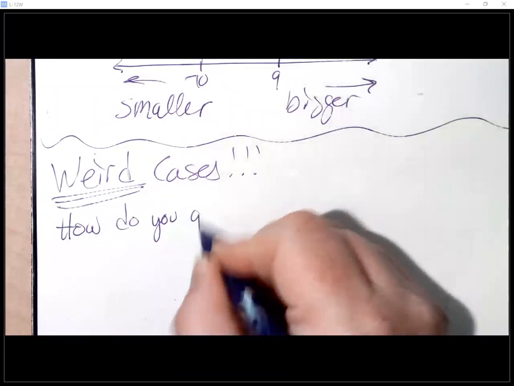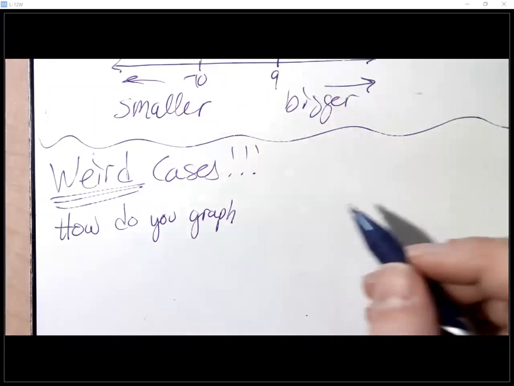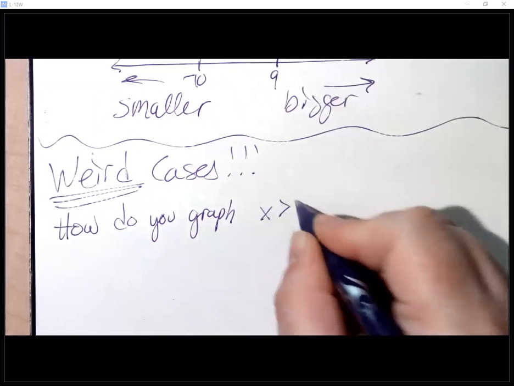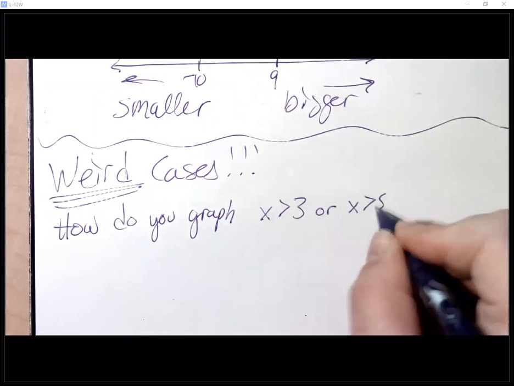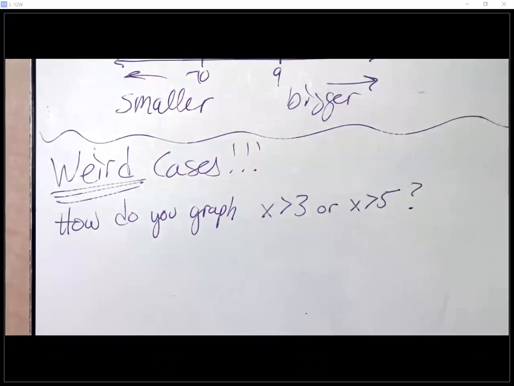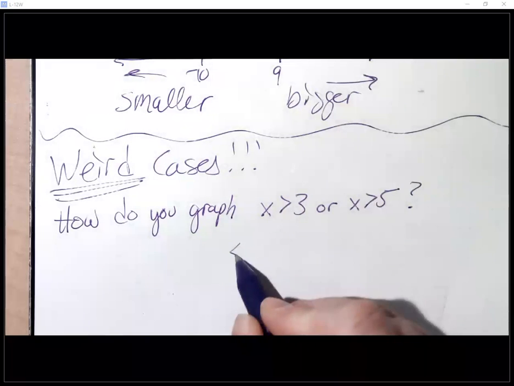So let's say you're doing your work, you get to an answer, and the answer says X is greater than 3 or X is greater than 5. So this is weird. If I graph them both on the same number line, right?